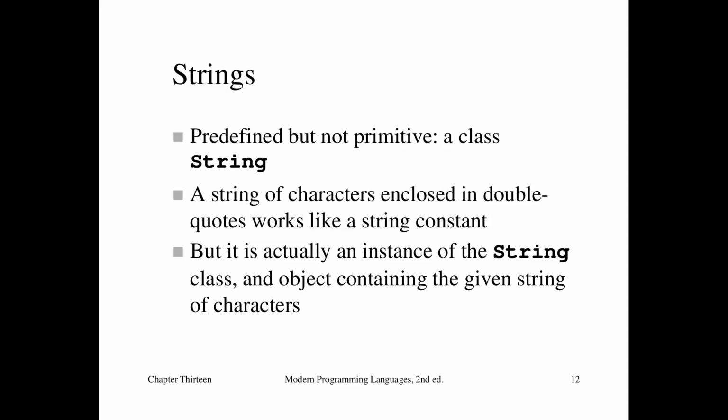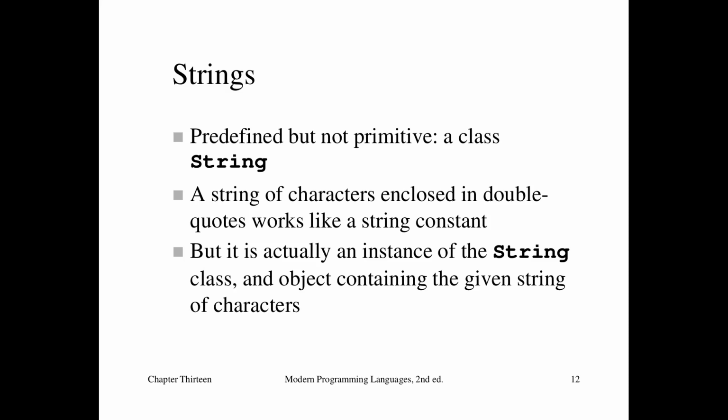So then we have strings, right? Strings are predefined but not a primitive type. They're the only class type, well, except for arrays, that has an actual literal value, a way to define it that's different than your typical objects in Java, where we use the new keyword or something similar to that.